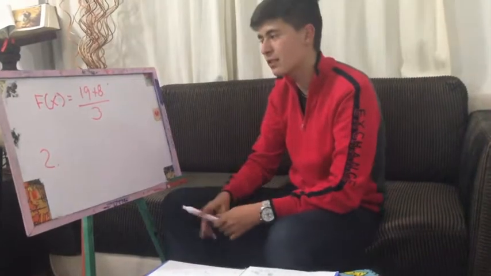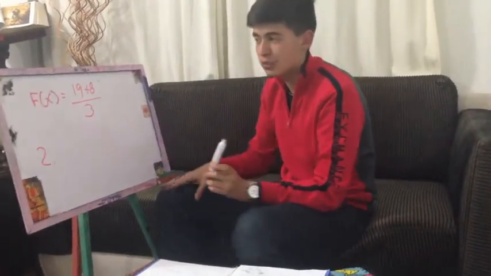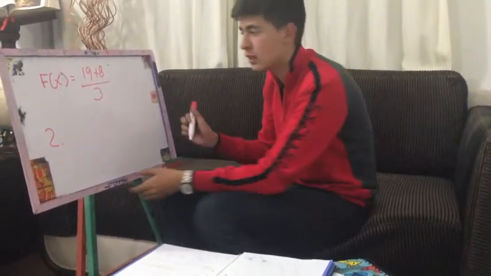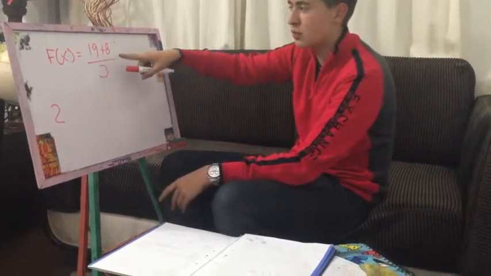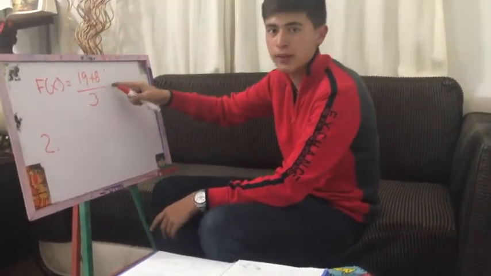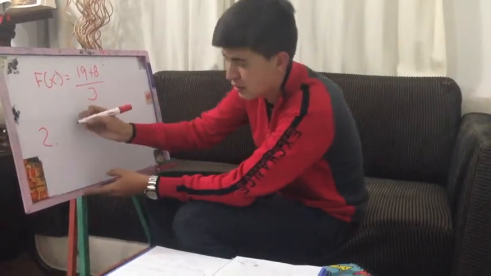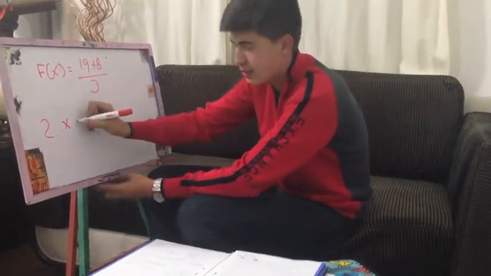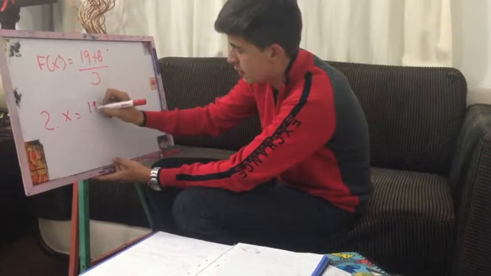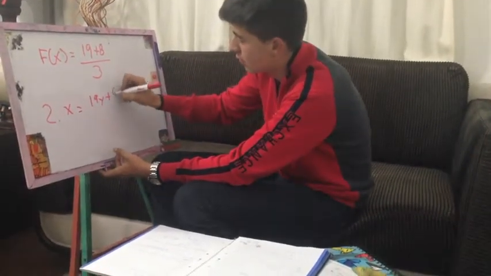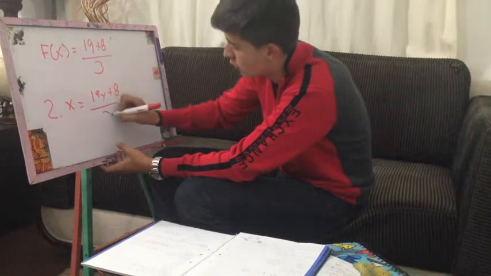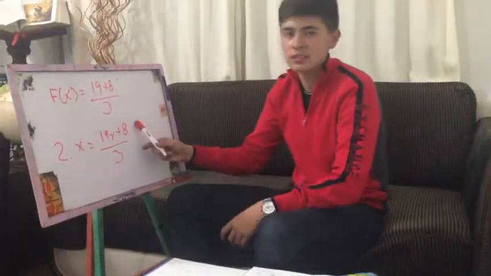Now the second step is to switch the variables again. If you remember, we changed it into y, and now again to x. For example, this is going to end like this: x is equal to (19y + 8) over 3. This is the second step.